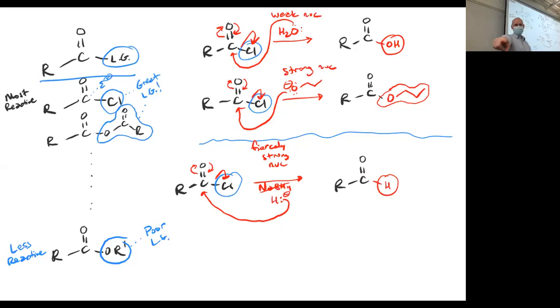I know that what attacks once, what does attack twice? Fiercely strong nucleophiles are the only thing that will ever attack twice. The reason why is because fiercely strong nucleophiles give you ketones or aldehydes after one attack, and then they can attack ketones and aldehydes, which is what you just made.